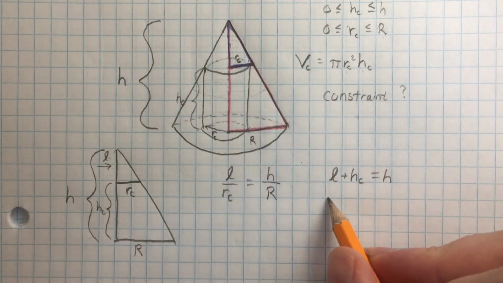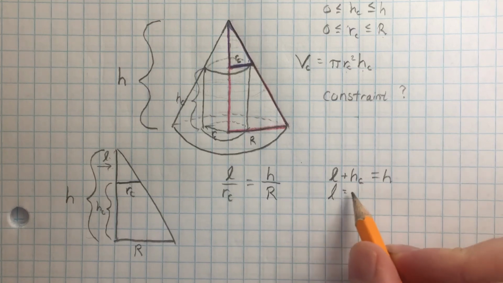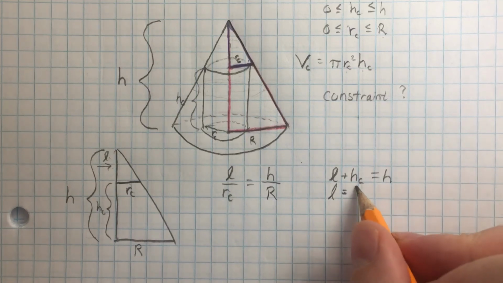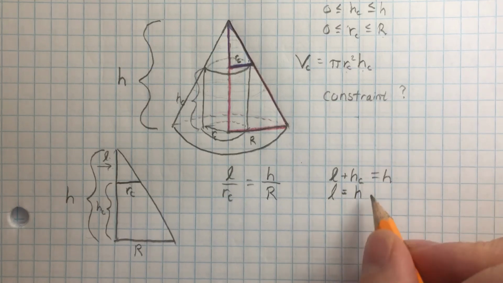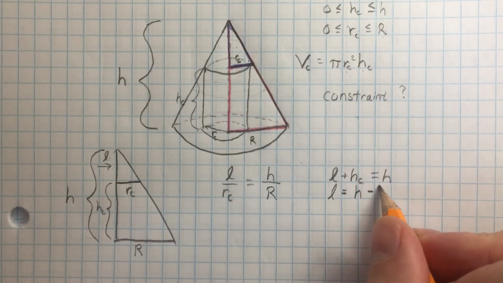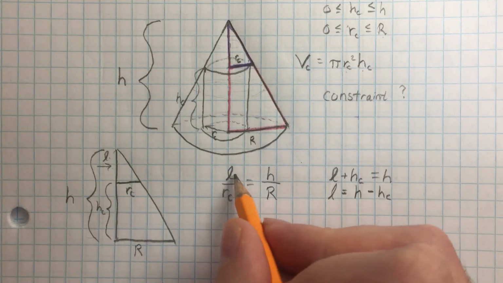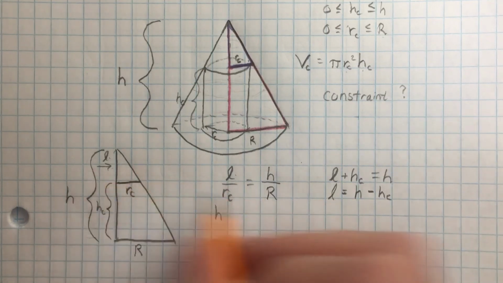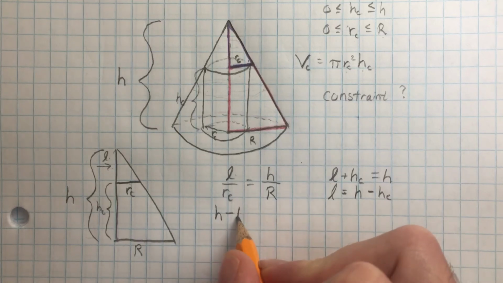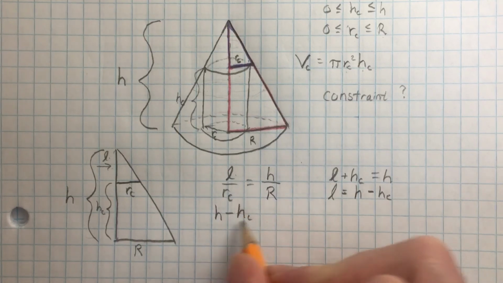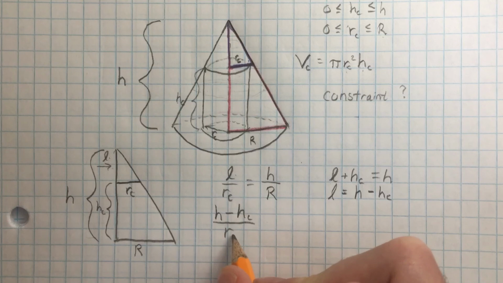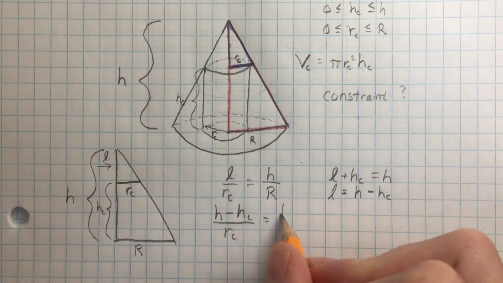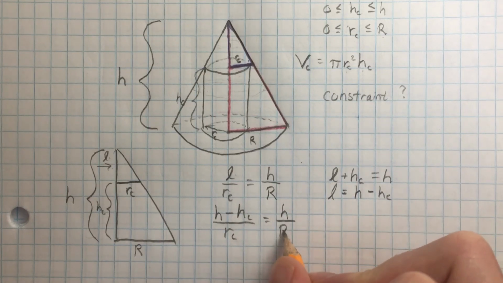So I should rewrite L in terms of the quantities we've been dealing with already, which is height of cone minus height of cylinder. I should replace that here. I don't want to introduce any more new variables than I have to. That was just for the sake of argument. So h minus height of cylinder over radius of cylinder is equal to height of cone over radius of cone.